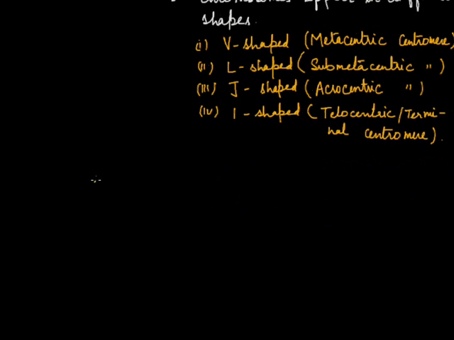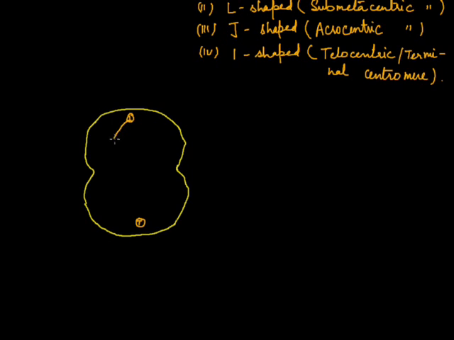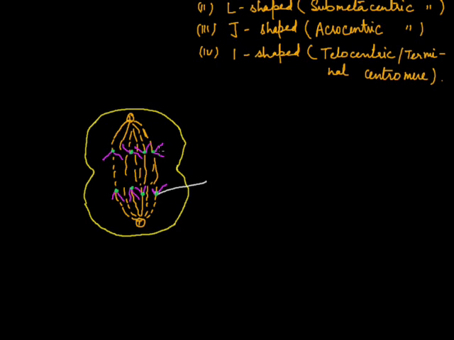During anaphase, as it proceeds towards the end, a constriction starts developing. It means that cytokinesis is also starting by the end of anaphase. These are the daughter chromosomes.